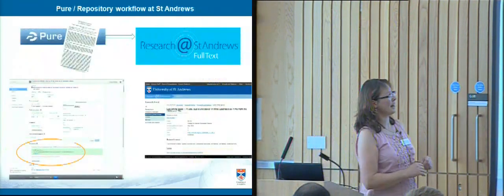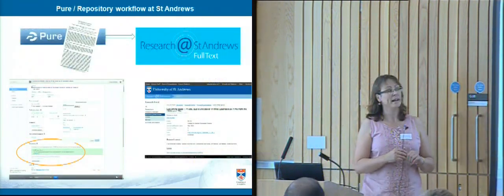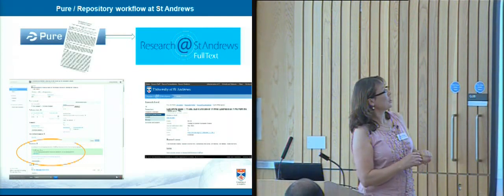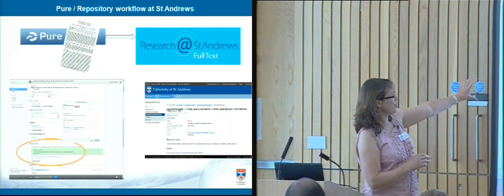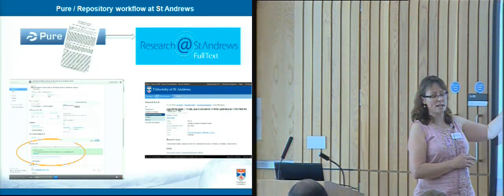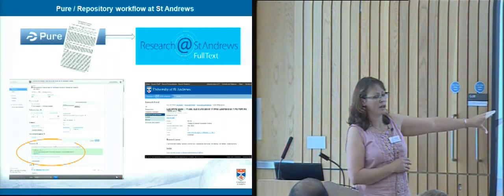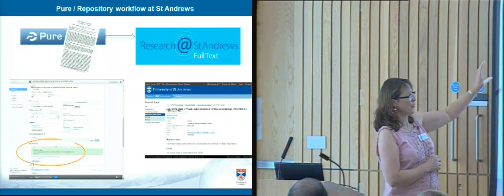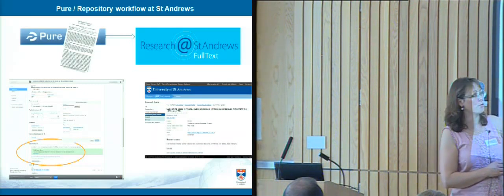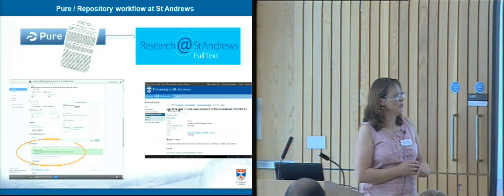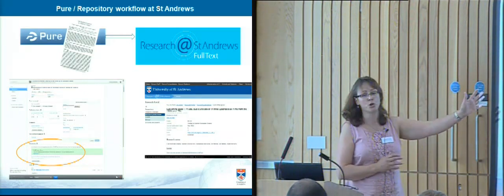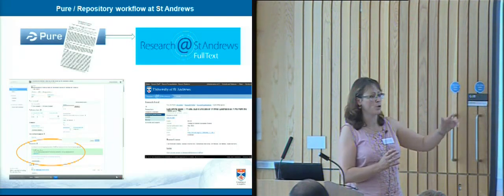So just to clarify how our flow works, the Pure system is where everything is gathered, so metadata and everything is there. We can add publications to it. We have a portal, which is the front end of our Pure system, and when things are made visible, they will show in our portal as our showcase of all the research.